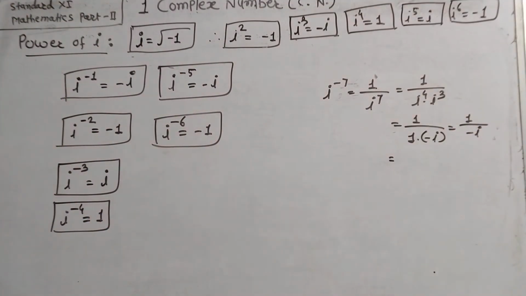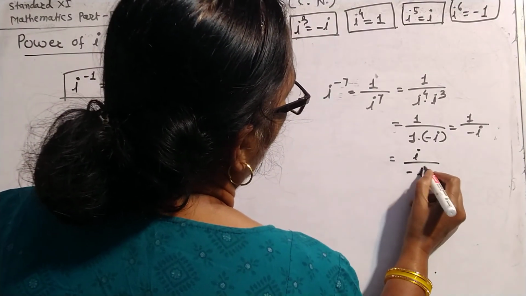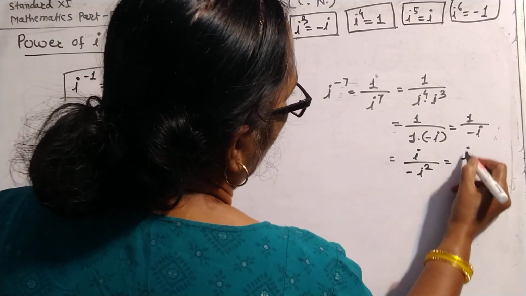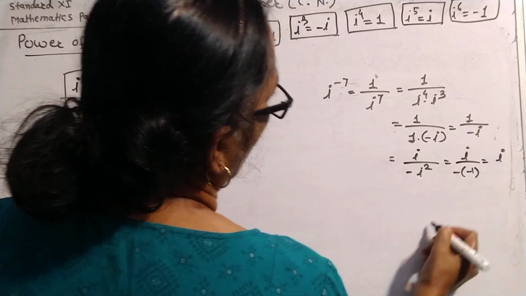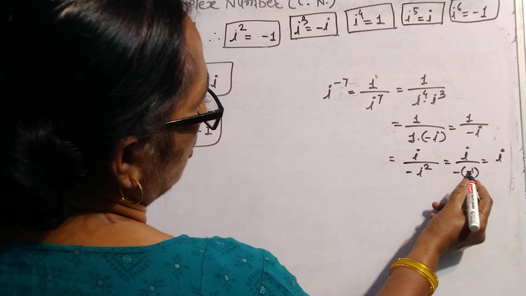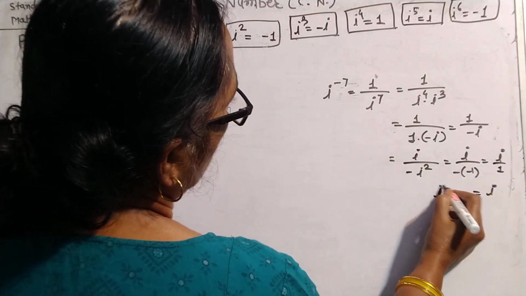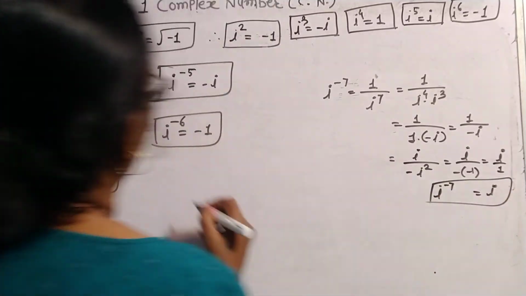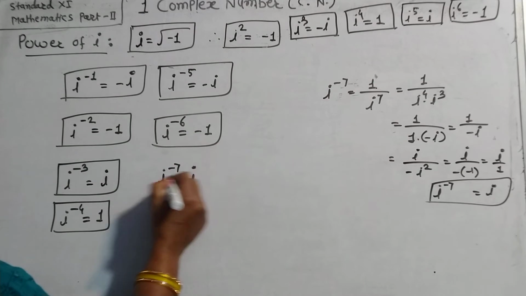Now we multiply numerator and denominator by i. So i divided by minus i square. Now i divided by minus 1, negative times positive, means i only. I raised to minus 7 means only i.